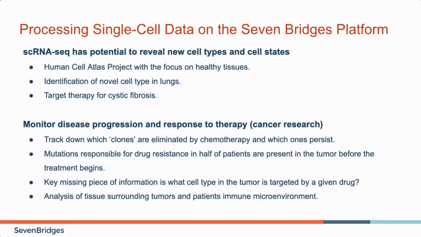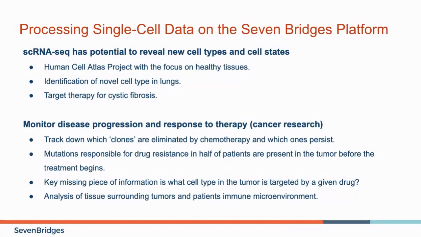One example would be the recent finding that the majority of CFTR transcripts in lungs are coming from a novel cell type that was not identified before. The CFTR gene, when mutated, is the main cause of a disease called cystic fibrosis. But now knowing which cell populations are most involved in producing these disease-related transcripts could help scientists create targeted therapy approaches.